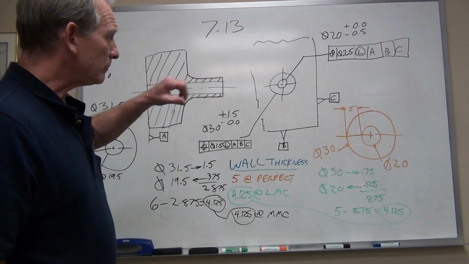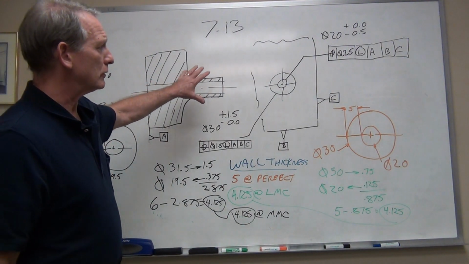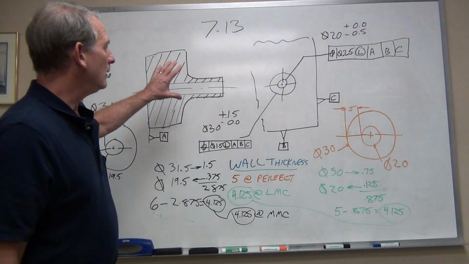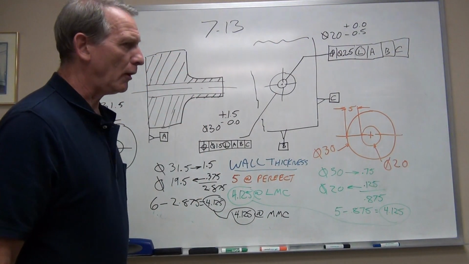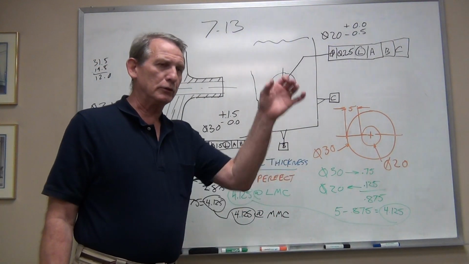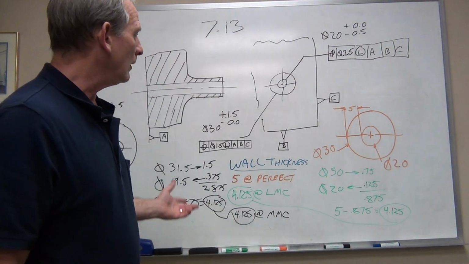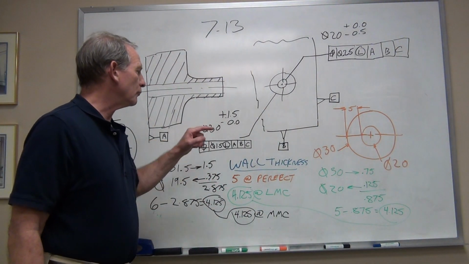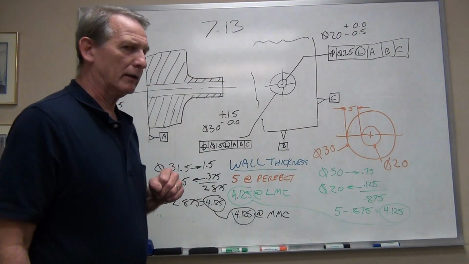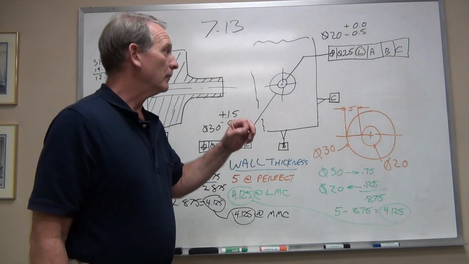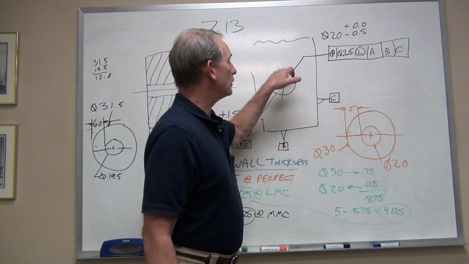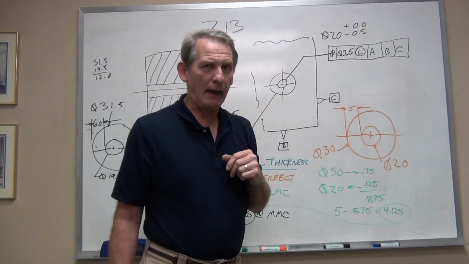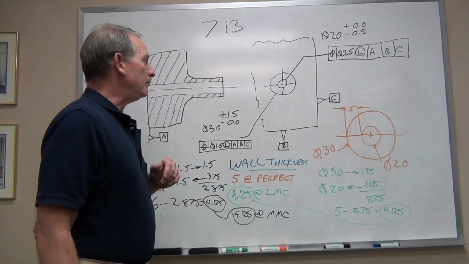All right, so just to review what you're looking at here, probably a little easier to read in the book, we have a thin boss. That boss is a projection off of a surface, and that's the male feature, and that's a 30 millimeter plus 1.5 minus nothing male feature. The female feature is the drilled hole. It's 20 millimeters plus nothing minus half a millimeter on the drawing.